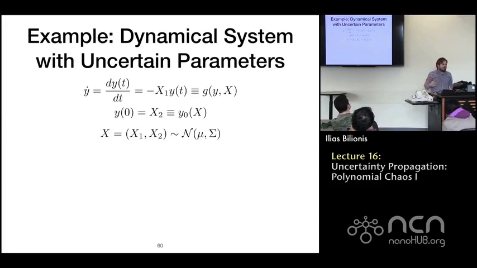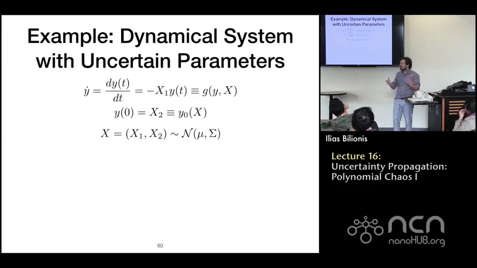Okay, so just to give you an idea of how you can use orthogonal polynomials. By the way, let me tell you something. I kept calling them orthogonal polynomials, but in the literature they're called polynomial chaos. This is just a weird name that has stuck. In my opinion, the term chaos doesn't really contribute anything.